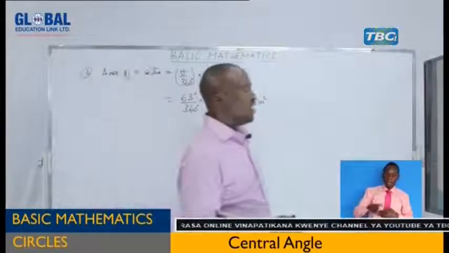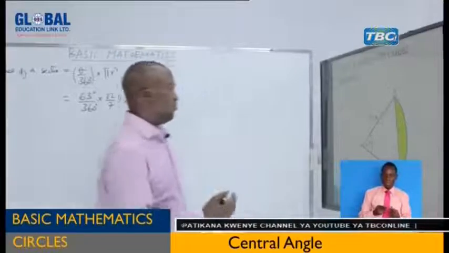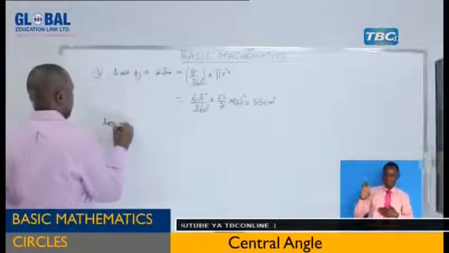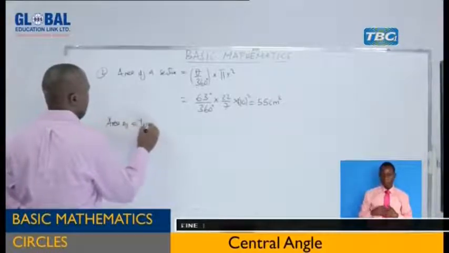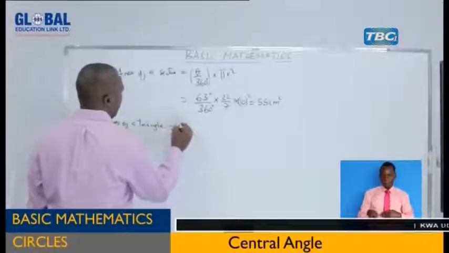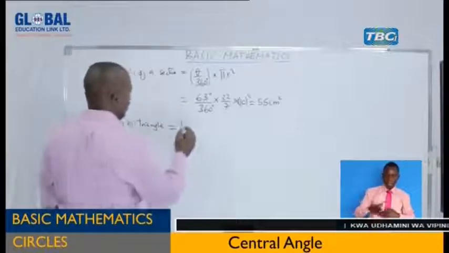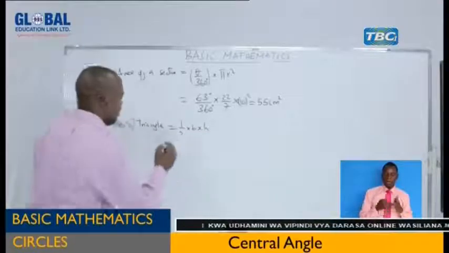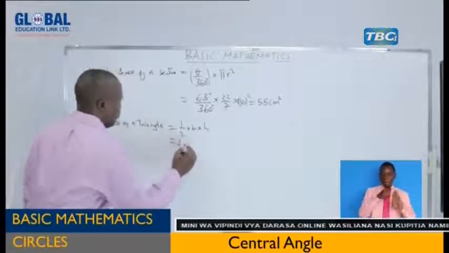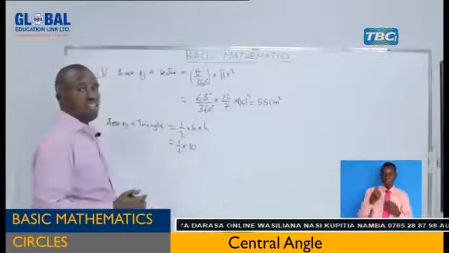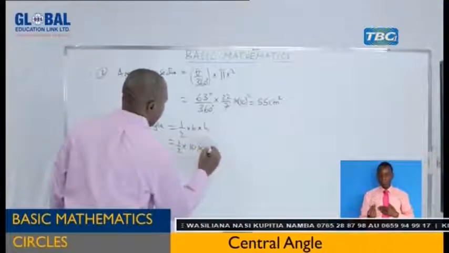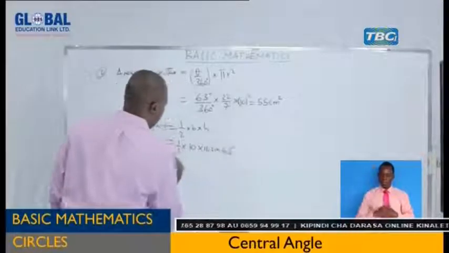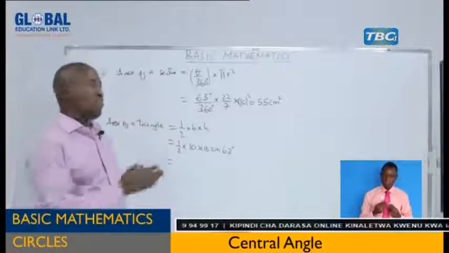So again, let us find the area of this triangle. The area of a triangle is a half times base times height. Now base is 10, then height will be 10 sine of 63. That is how to find the area of our triangle.